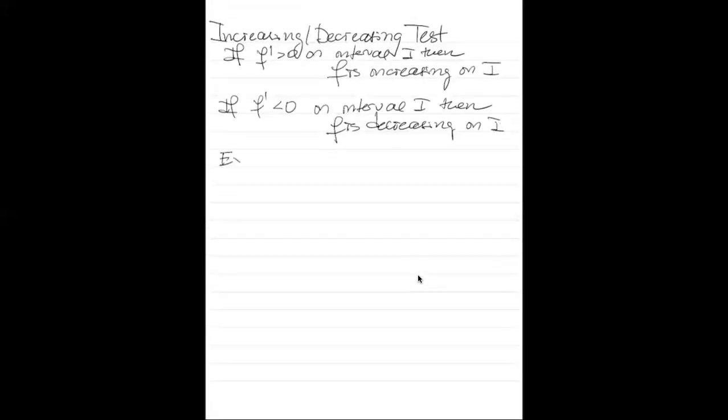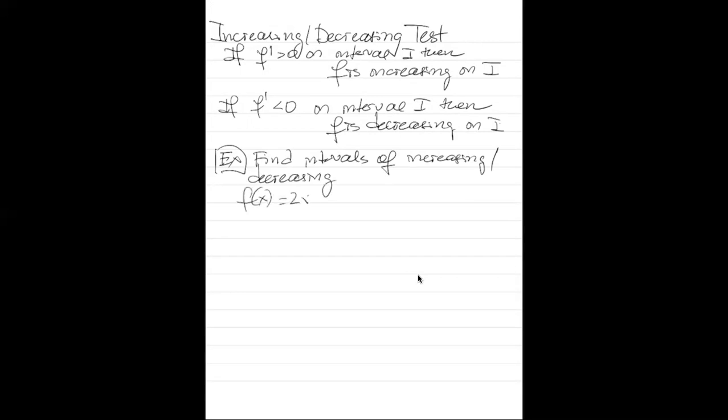Example, find intervals of increasing and decreasing. f of x equals 2x to the third minus 3x squared minus 12x. So we need the first derivative, first thing. 6x squared minus 6x minus 12.